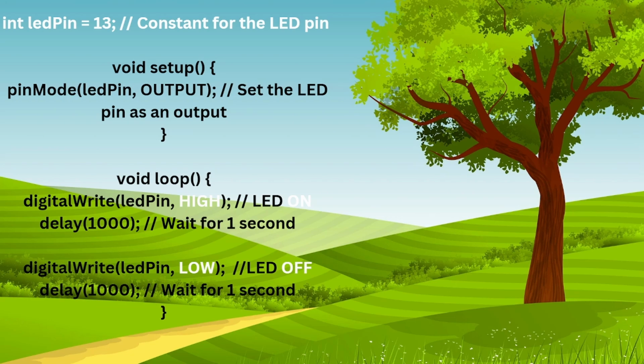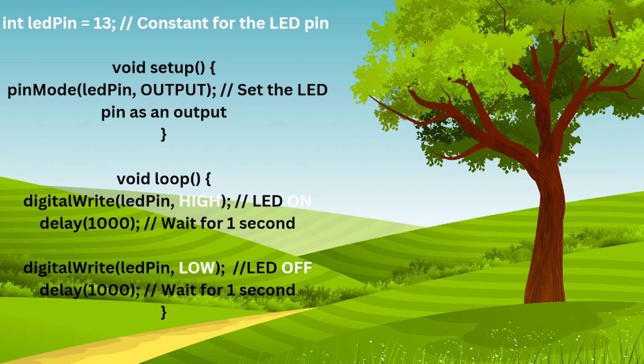Here is an integer: int LED pin is equal to 13. We define pin number 13 on the positive, and we have the ground on the negative. So we make the LED pin number 13 a constant.